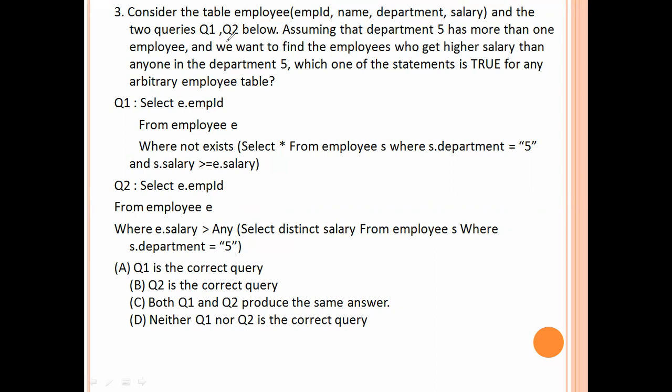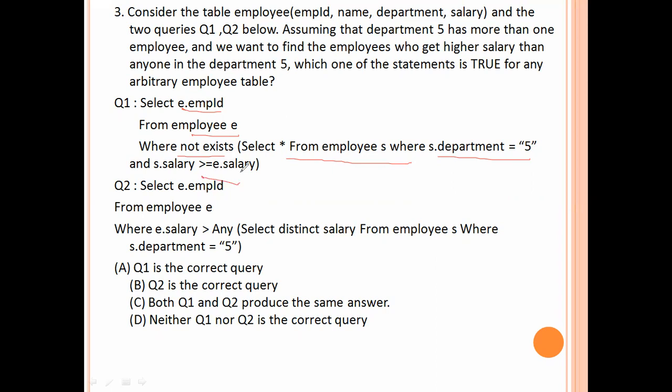Here we select E dot employee ID from the employee table where not exists any employee S with S dot department equal to 5 and salary greater than or equal to E dot salary.